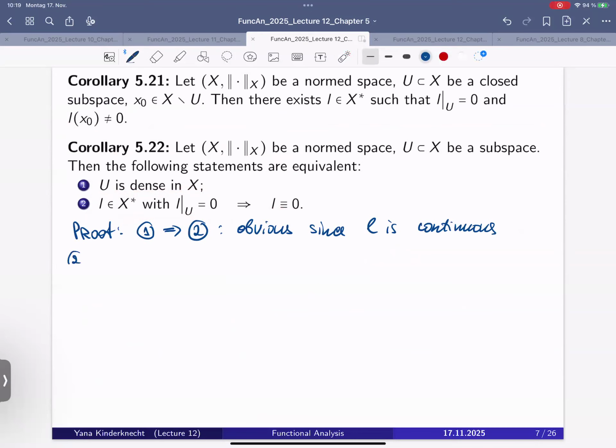Now the opposite direction. So assume U is not dense. This means that if we consider X without the closure of U, this is not the empty set.